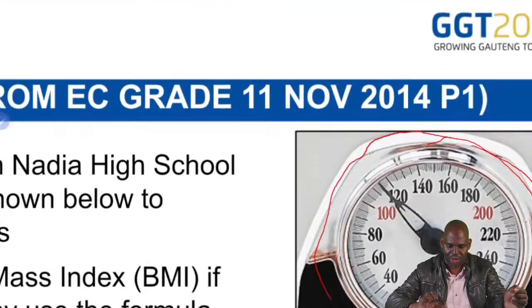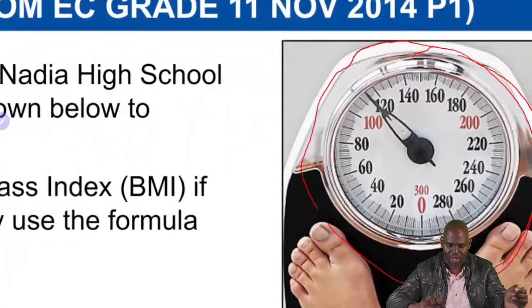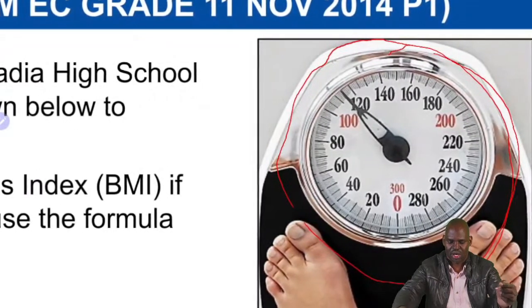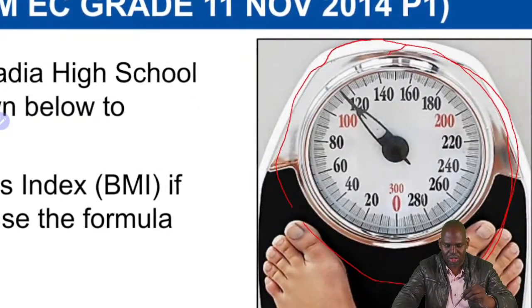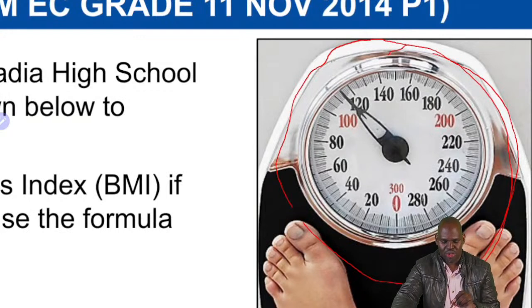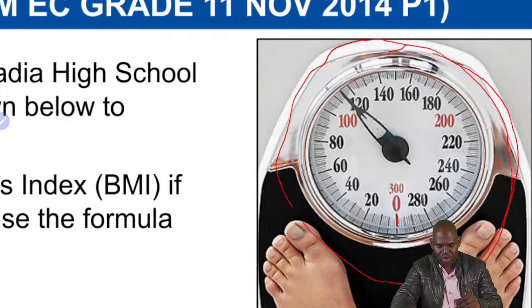Boys and girls, I just want to zoom it out so that you can see. Now we need to interpret. You can see that from here is 0, and then from 0 is 20, but now we have to check our intervals. If you check our intervals, we've got 1, 2, 3, 4.